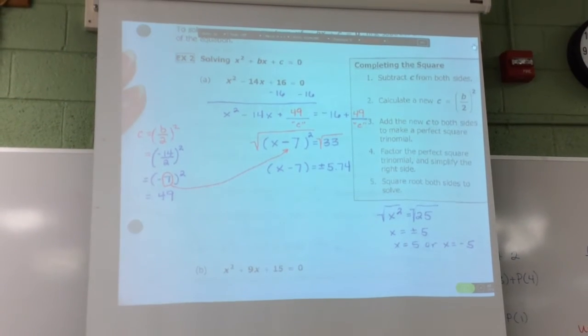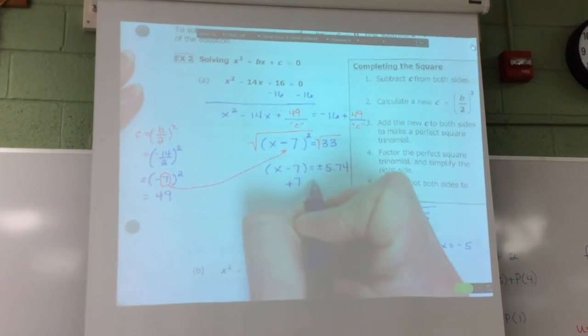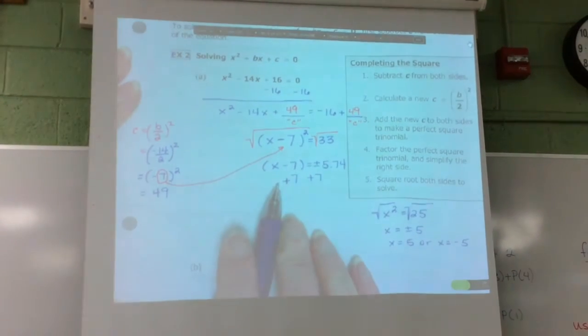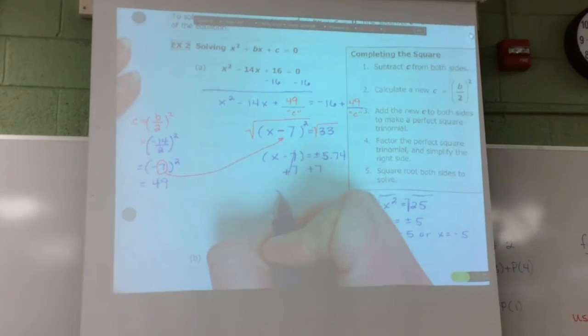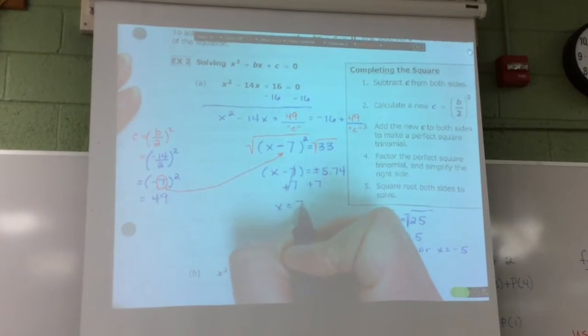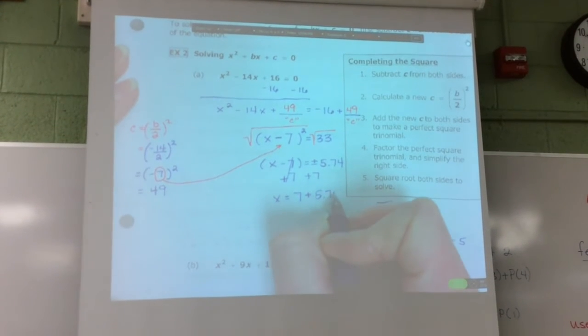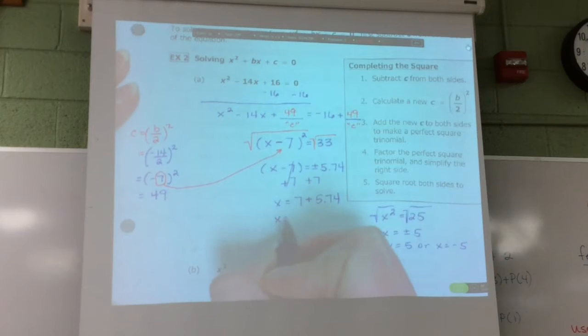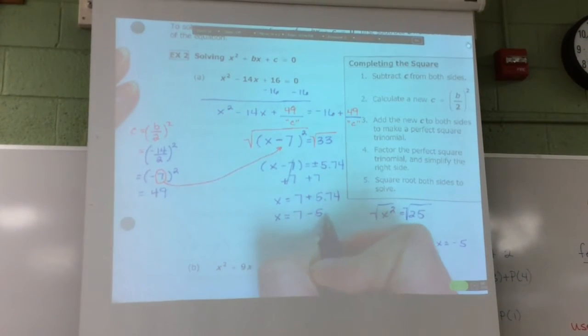My very last step to this, I'm going to add the 7 here and add the 7 here. That's to get x by itself. So these cancel, and I have x equals 7 plus 5.74, and here's the other one, 7 minus 5.74.